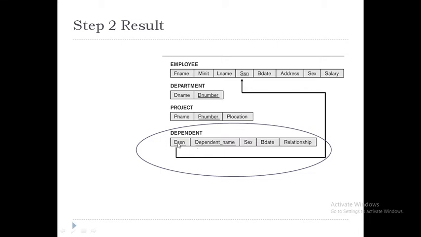That indicates it is a foreign key and it is referring to the employee relation. Okay, so the arrow mark should point to the primary key of the owner entity type. So employee SSN is pointing to SSN of the employee relation. And here, what is the primary key now? These two together will become the primary key. The combination of these two attributes. So, you need to underline these two attributes.